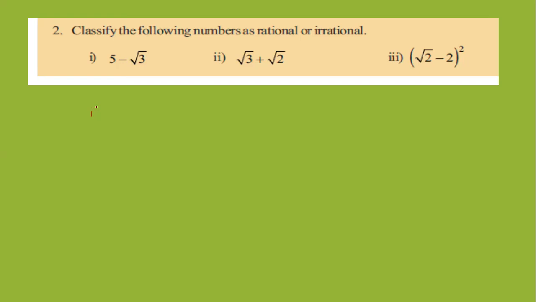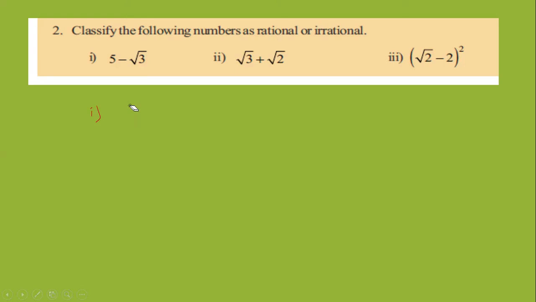First one is 5 minus root 3. You may do all these individually, and after that you may classify it.